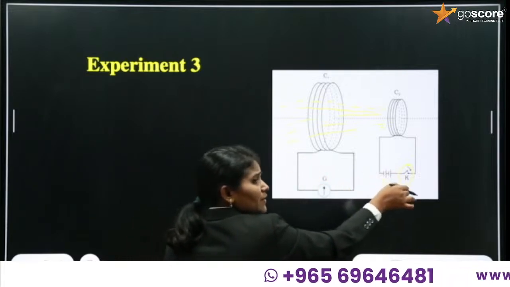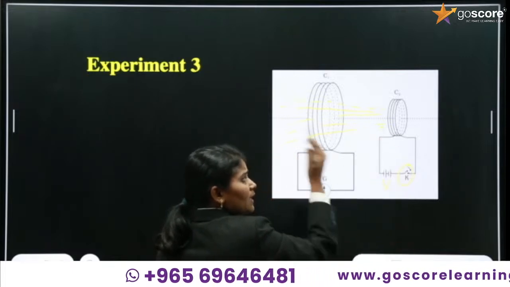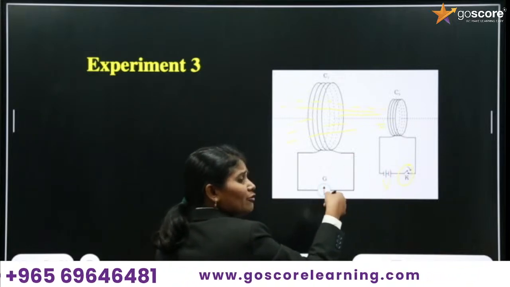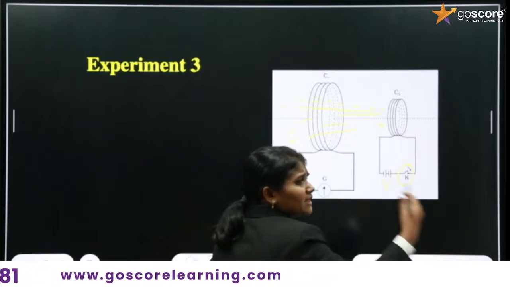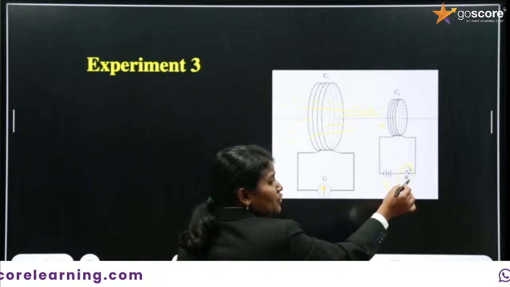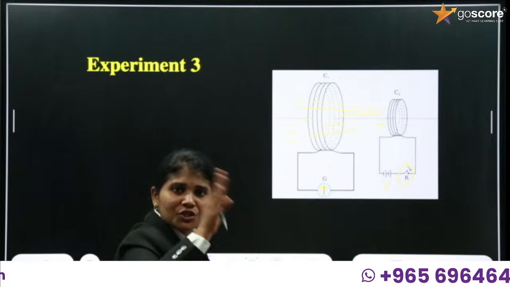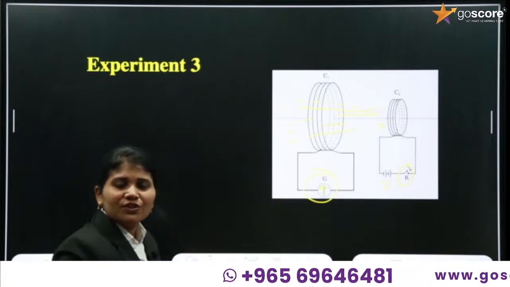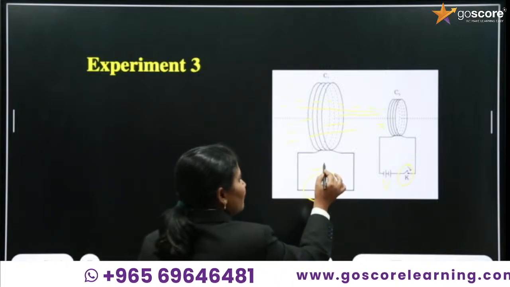When the switch is connected to the circuit, field lines are passing. Again when it is removed, it is in the opposite direction, and it also gives the galvanometer deflection. When it is closed at a certain time, it never deflects, meaning it is in the stationary position. When the switch is continuously changing positions, only then do we get the galvanometer deflection. Whether the switch is closed or open, it gives zero deflection.